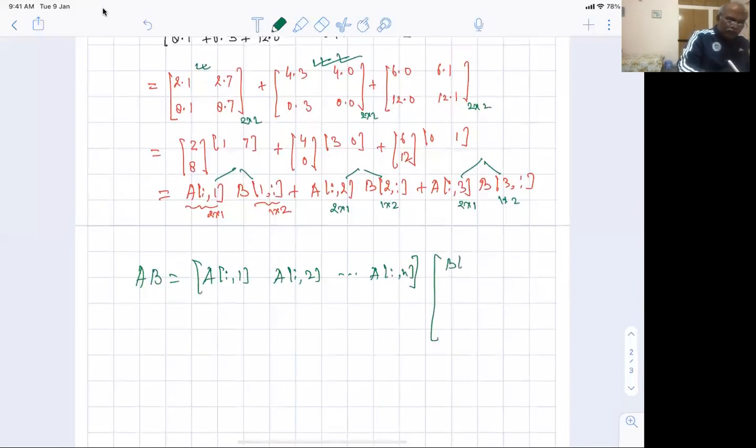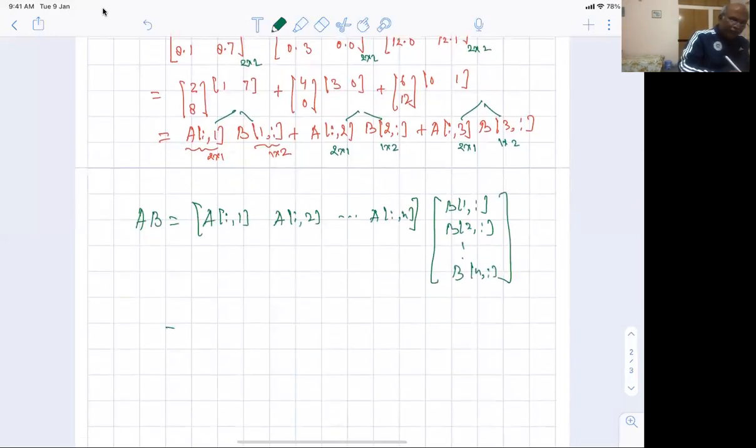The first row of B, second row of B, till the nth row of B, I'm going to write like this. And then when I multiply it, I can multiply it as the first column times the first row plus second column times the second row and so on till the nth column into the nth row.